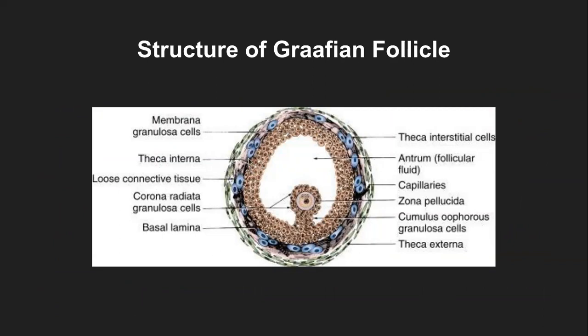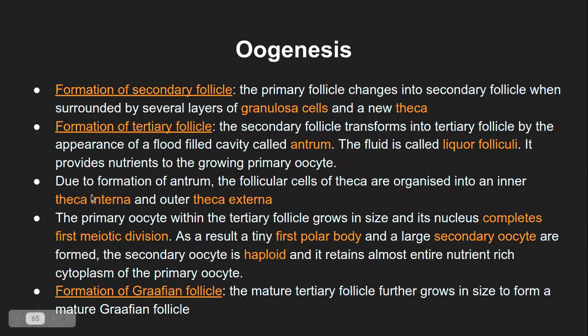So these are the theca externa and theca interna layers, which develop because of the antrum, because they expand. Obviously the theca cells will also differentiate over time and form two consecutive layers, the internal one and the external one. Now, not to get confused with the primary oocyte and the secondary and tertiary follicle.